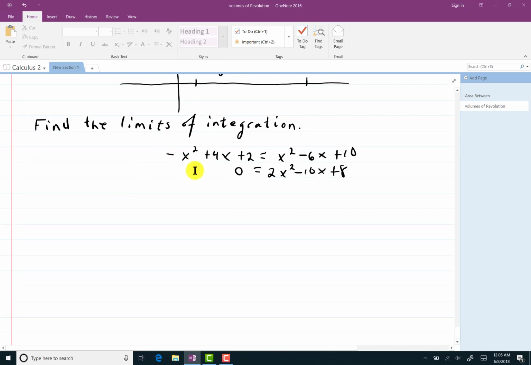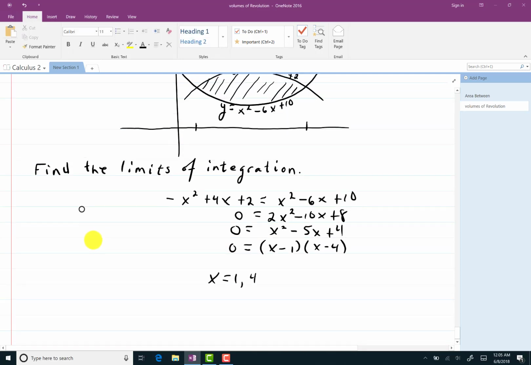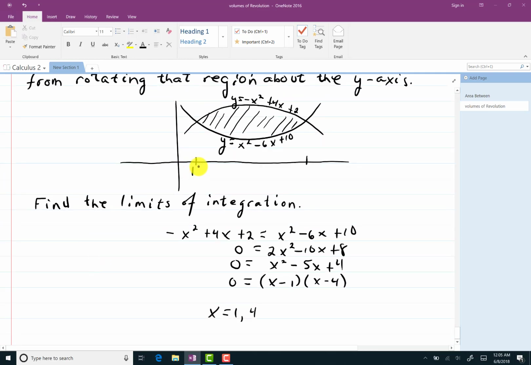For convenience, I'm going to divide everything by 2 to get 0 equals x squared minus 5x plus 4. This is very easy to factor. I'll get x minus 1 times x minus 4, and so you get x equals 1 and 4. So my limits of integration will go from 1 to 4.